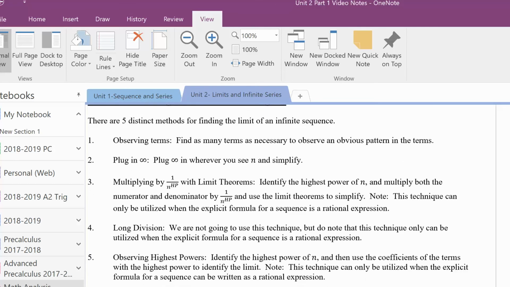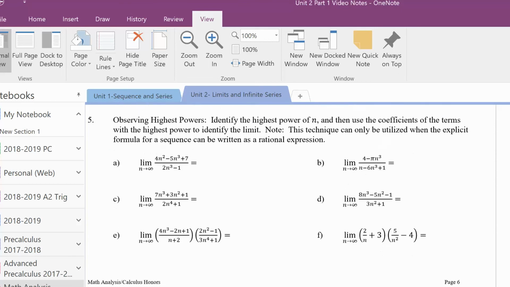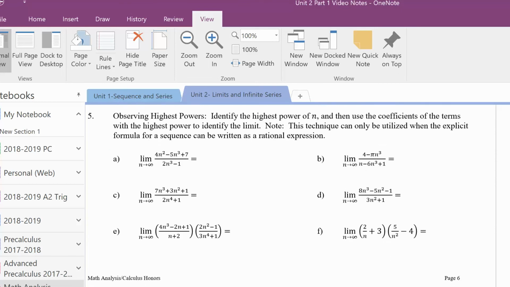So notice we started out observing terms, then we plugged in infinity, then we used the limit theorems, multiplying by 1 over n to the highest power, to find the limit. Now, one thing you could have noticed from the limit theorems is that all the terms that weren't the same power as 1 over n to the highest power, the limits became 0, which means the only ones that matter are the ones that are the highest power of n.